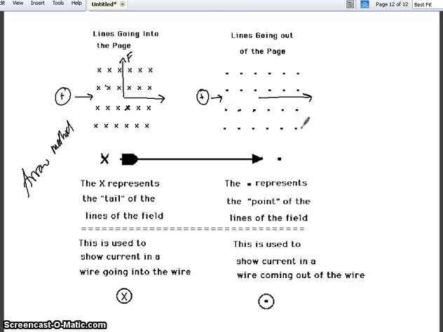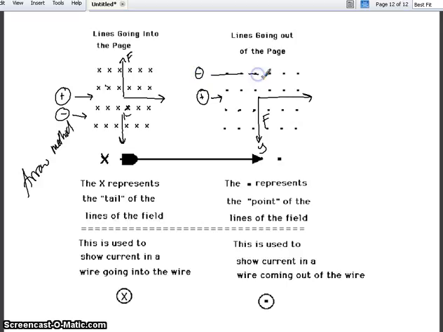Take your thumb, point it to the right here. Which direction is your palm facing? Your palm is facing down. So that means the force would push this down along this y-axis right here, along the page. And if we had negative charges, it would just be the opposite.